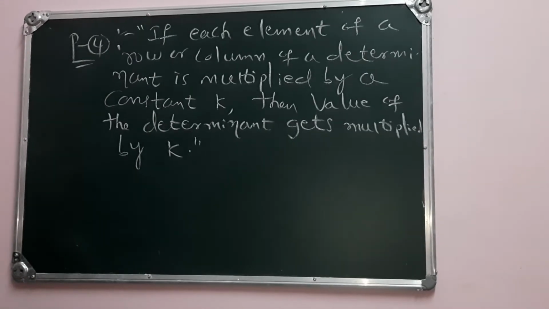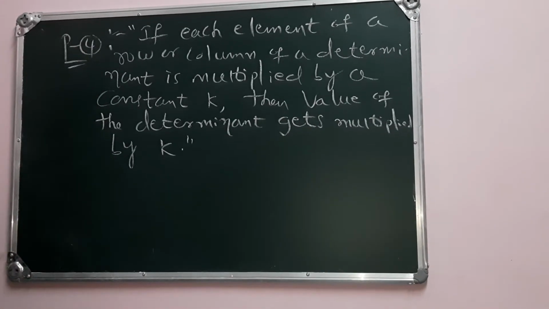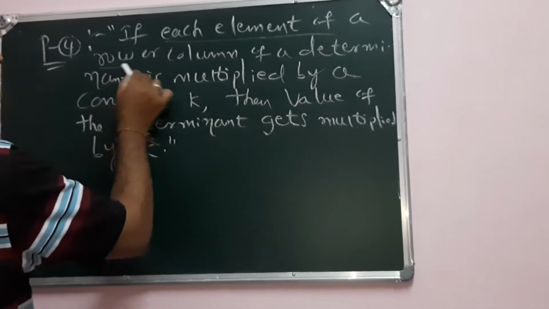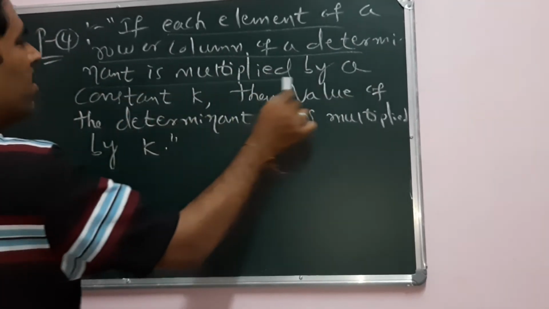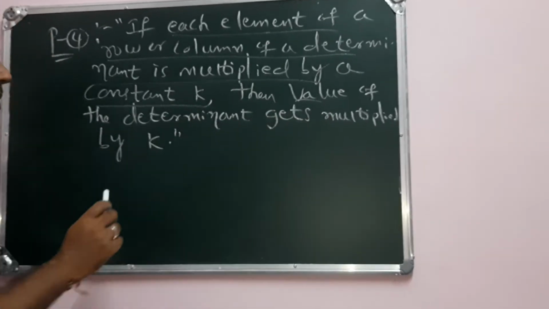So this is our next property. Okay, concentrate on the statement here. What is the statement here for the next property? If each element of a row or column of a determinant is multiplied by a constant, then value of the determinant gets multiplied by k.